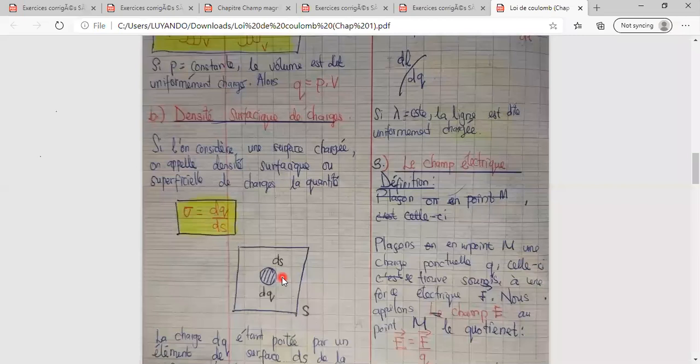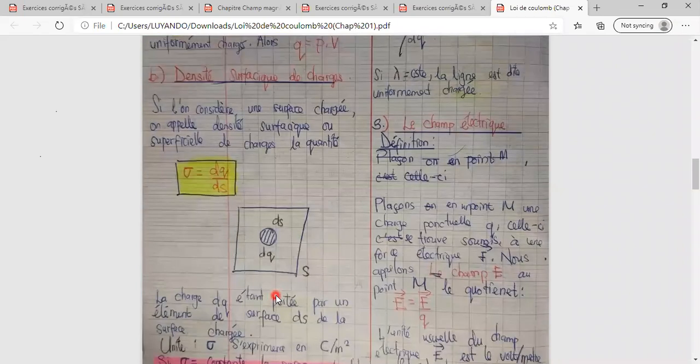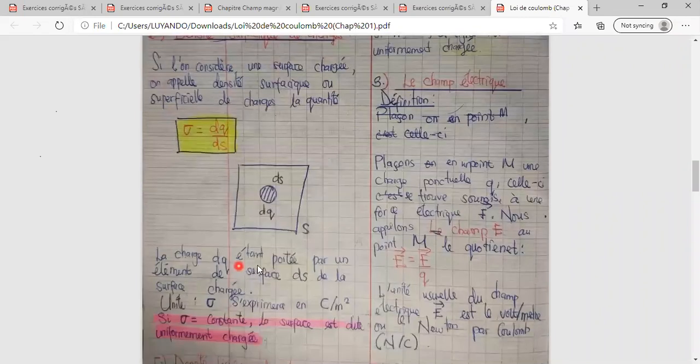The same explanation: we have S, the whole surface area, and then we get a small amount of that big S, which is ds. If we have a small surface area, we also have a small amount of charge to calculate from the area. So we have ds and we have dq, the charge dq being carried by an element of surface ds of the charged surface.